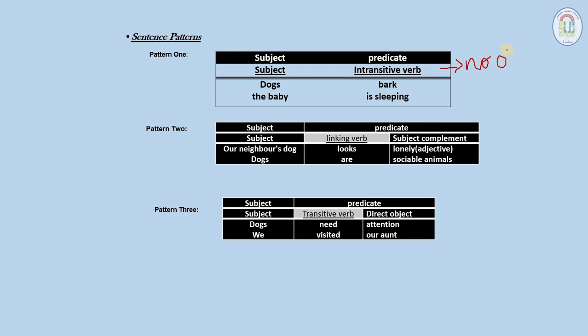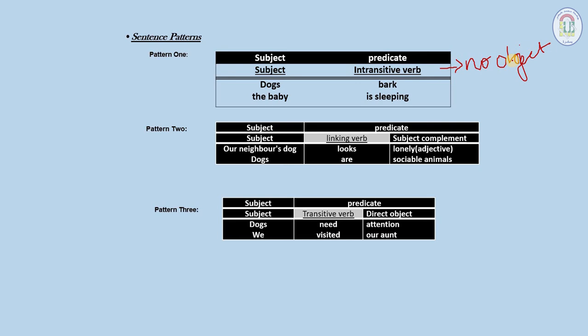No objects follow it. When I don't have an object after it and the meaning is full, it means that it is intransitive. Dogs bark, so I don't need an object here, so it is intransitive. The baby is sleeping, it does not need an object, so it is intransitive.